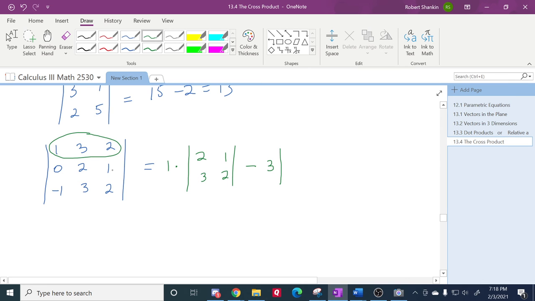And then it's 0, 1, negative 1, 2. And then I go to the next item and I go plus 2 times the 2 by 2 that results from eliminating its column and its row.